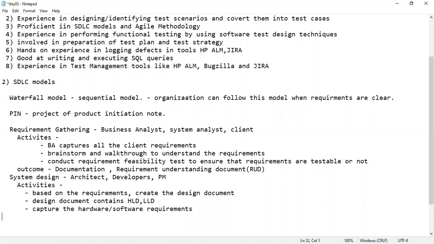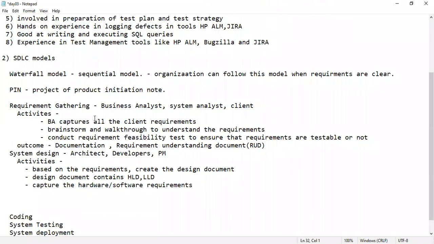That means for this project, which technology fits, which technology is good to use, whether Java is good or .NET is good or Python is good or Perl is good. So we have to identify the software and hardware requirements in the system design phase along with the high level and low level documentation. What is the outcome from this phase? Outcome is nothing but result. Obviously, high level documentation and low level documentation.